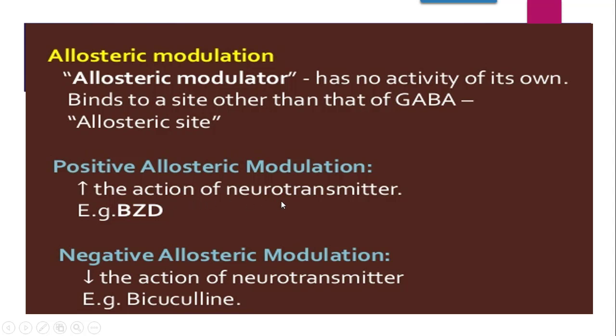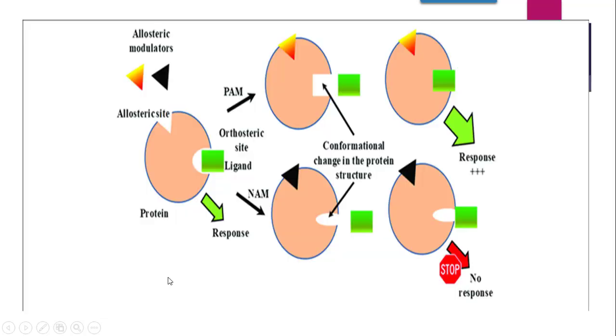For example, if GABA is binding at the active site and a modulator is binding at the allosteric site showing positive allosteric modulation, then it will increase the action of GABA, for example benzodiazepine. In negative allosteric modulation, it will decrease the action of that neurotransmitter, for example bicuculline. Then this is the pictorial representation. See, these are the allosteric modulators, and this is the active site.